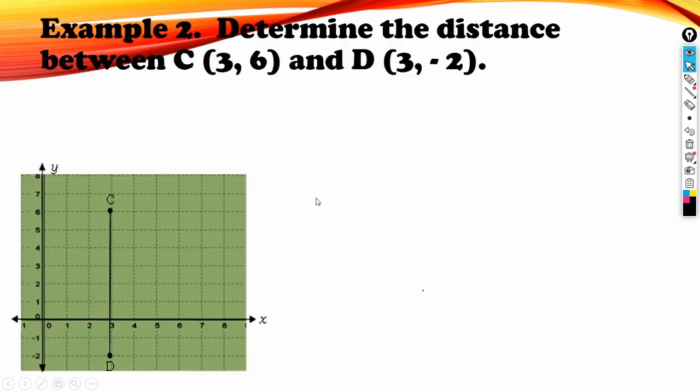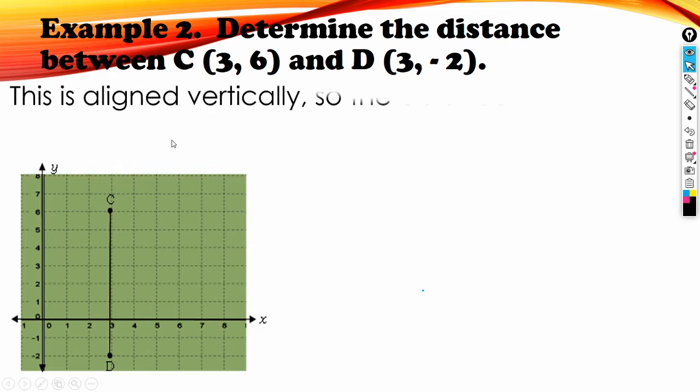Now, another example. This time, we determine the distance between C with coordinates 3, 6 and D with coordinates 3, negative 2. So, as you can see, this is aligned vertically.